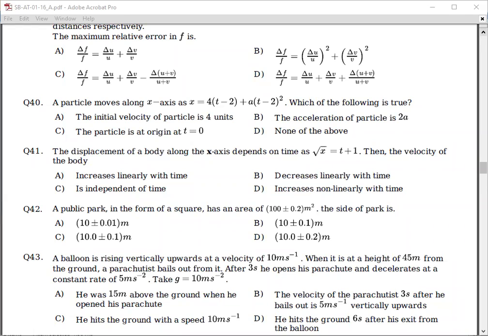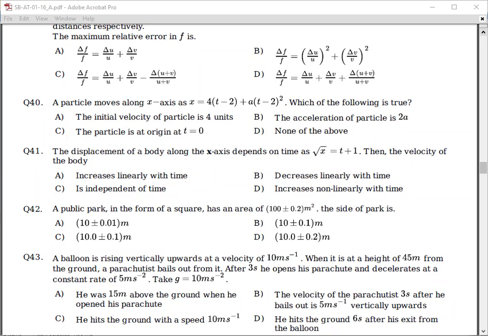Now 41, tell me, is 41 also easy? What is x? What is the equation of x? X is equal to t plus 1 whole square? Yes or no?